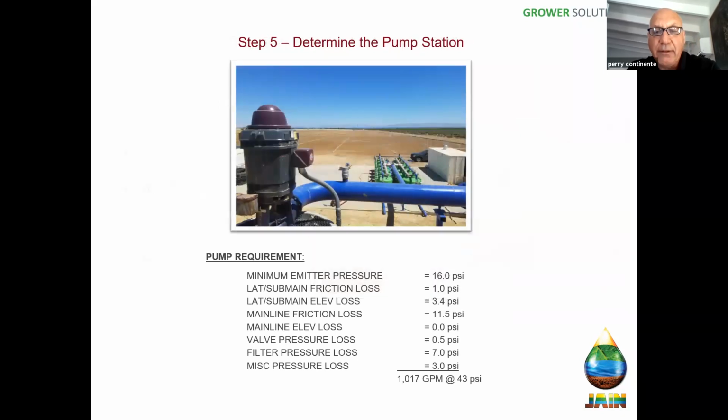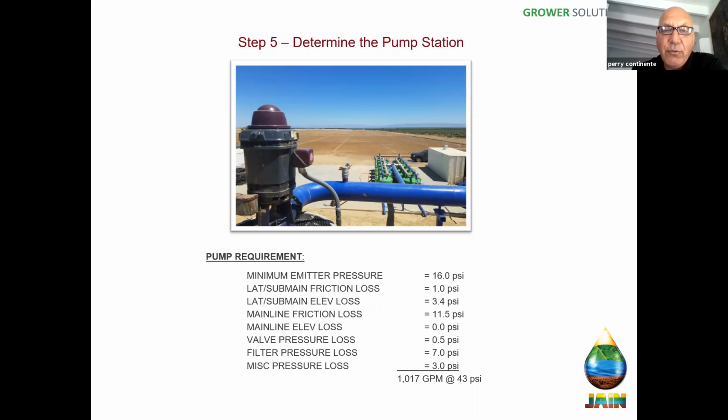Okay, so here we're at the pump station, and now we're looking at all the pressure losses that we categorized. We've separated them out here, so we understand how much flow we need at what pressure. Okay, so that's just a very simple idea here. Now, this is for irrigation.